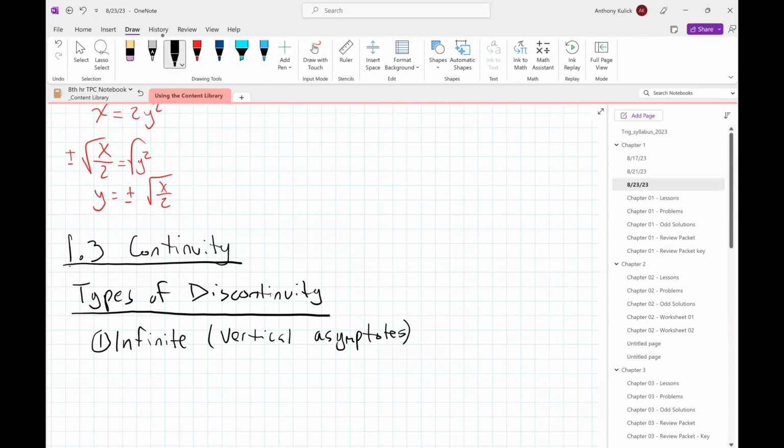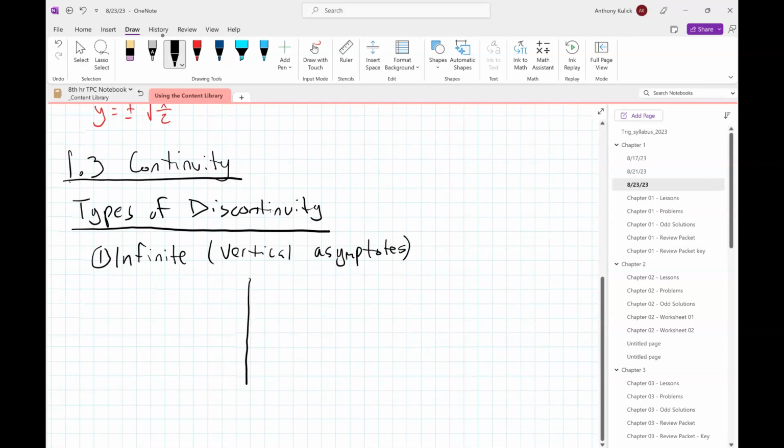And let's draw a picture, I guess. So if you remember from Algebra 2, if you got that far, typically we draw a vertical asymptote or indicate a vertical asymptote on our graph by drawing a dashed line.